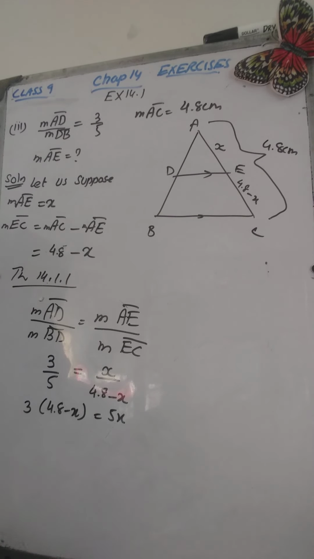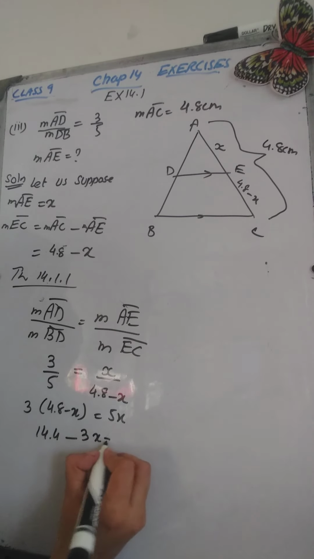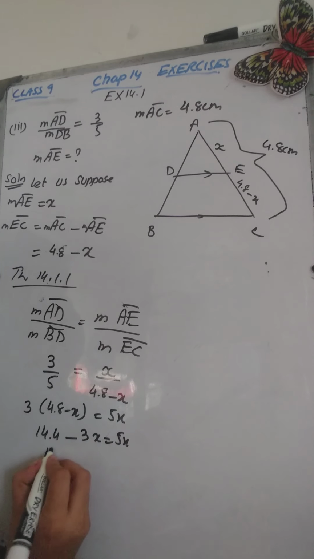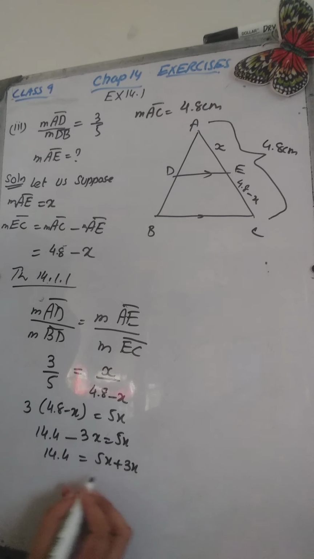So 4.8 into 3 is 14.4, minus, opening this bracket, 3x, is equal to 5x, and 14.4 will be equal to 5x plus 3x, which is 8x.